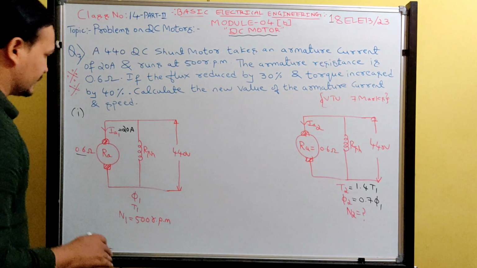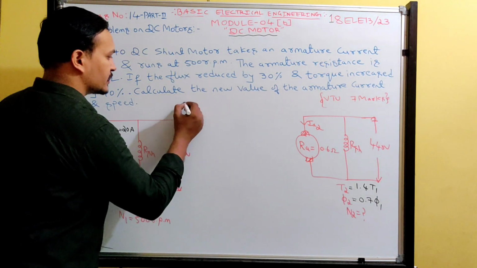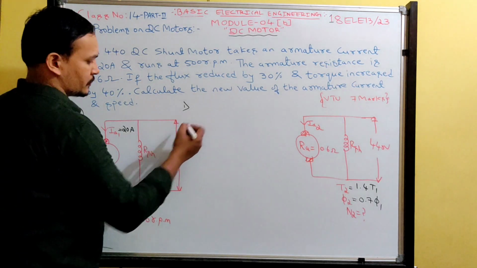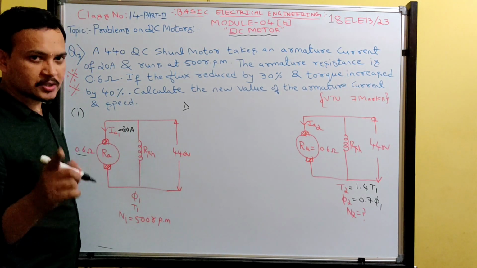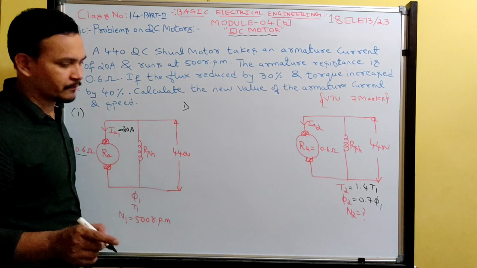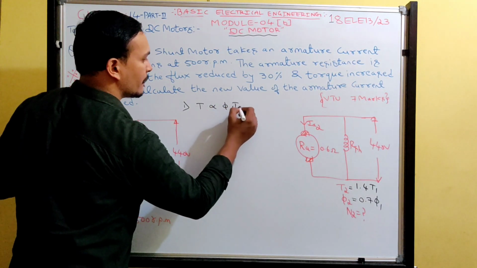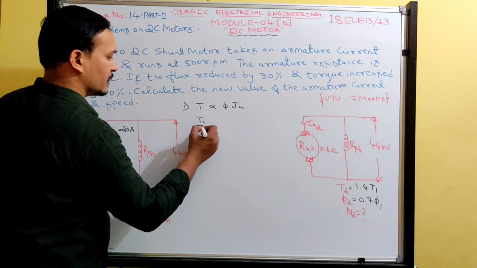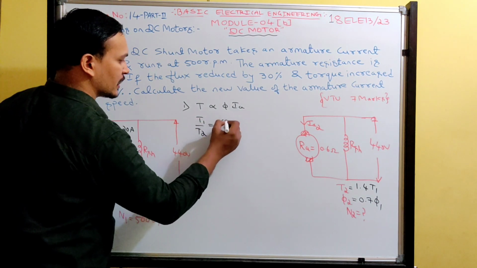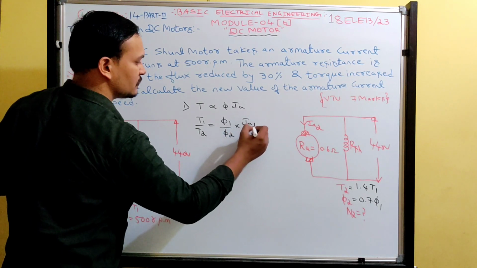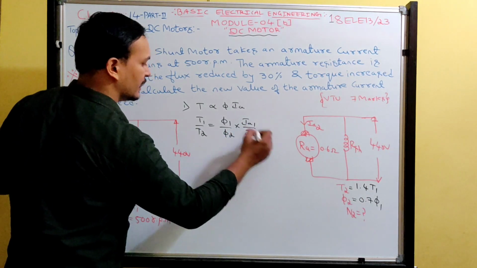Okay, so let's first find the armature current. We need to consider flux parameter only for the torque relation. So what is the torque relation? Torque is proportional to pi Ia. Two cases are there. T1 by T2 is equal to pi 1 by pi 2 into Ia1 by Ia2.